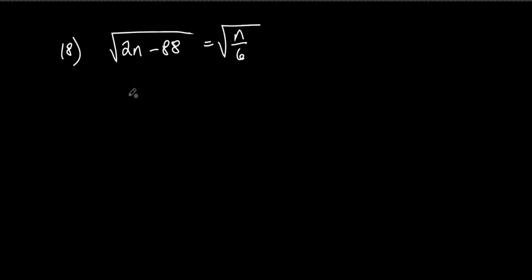But if you look at this, how do I get rid of that square root? I square it, and that'll get rid of it. So what do I do to the other side? Square that. So that and that cancel. That and that cancel. All right, so now what do I do? 2n minus 88 equals n over 6.